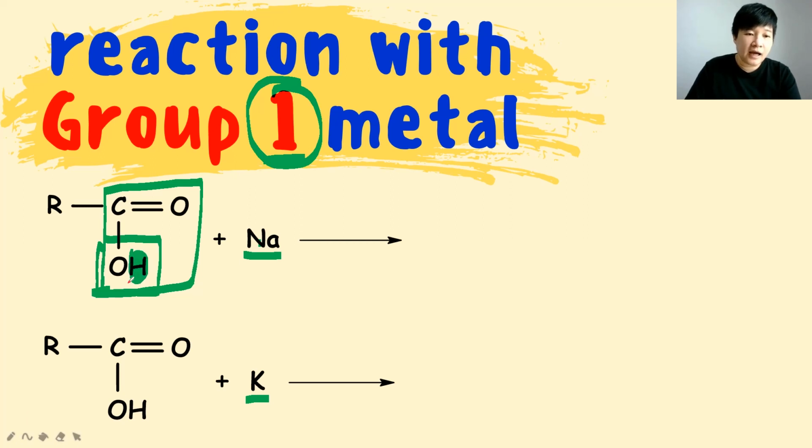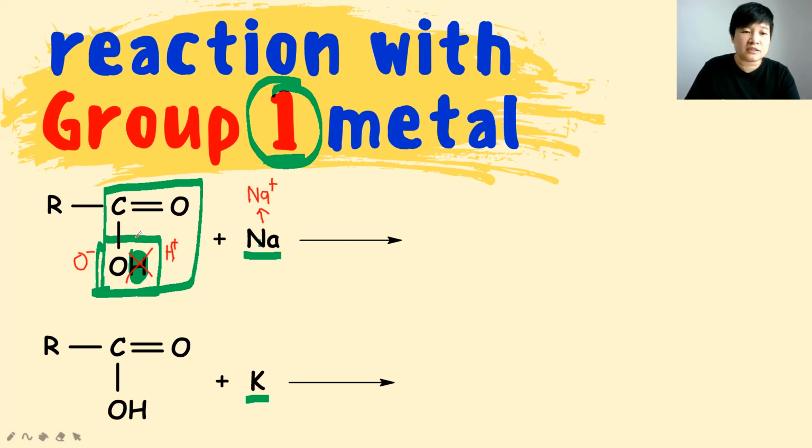The hydrogen over here will be removed and replaced by the Na. So when I remove the H over here, the H will then become H positive. The O will actually become O minus. The Na, we know that is a group 1 metal that will always become Na positive. So Na positive will replace the H that removed from the OH.